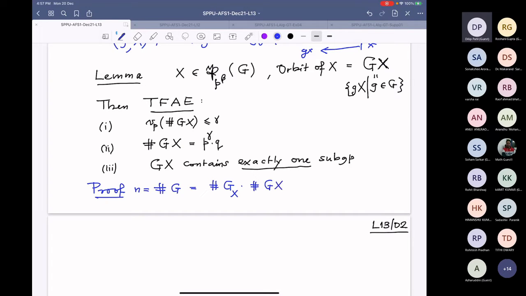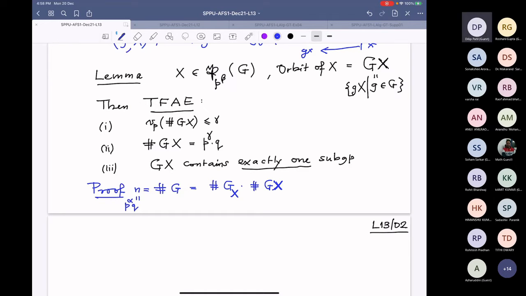This is orbit stabilizer. This is the isotropy. And we know what N is. N is P power alpha Q.